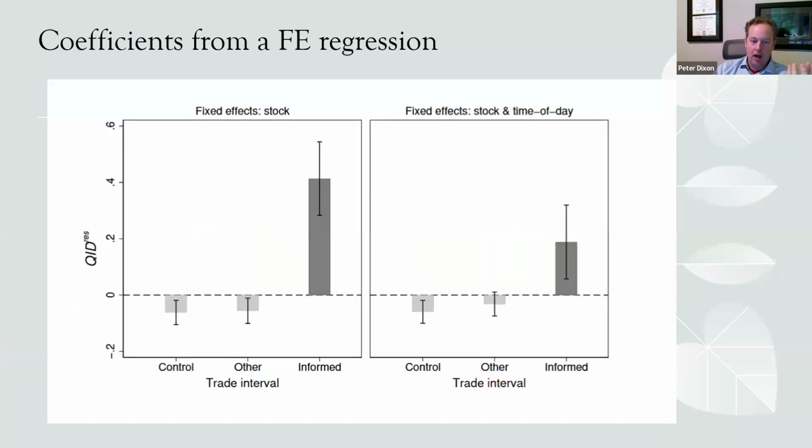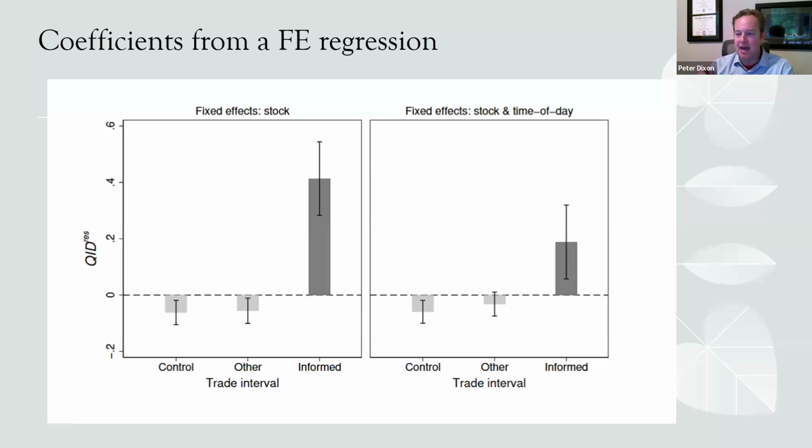Now, to be a little more specific or scientific about this, we take the day of the informed trade and one week prior, and we divide each day into 5-minute segments. Then we run a simple fixed effects regression to see if the intercept for the level of quid goes up or down in the specific 5-minute increments when the informed trades arrived.